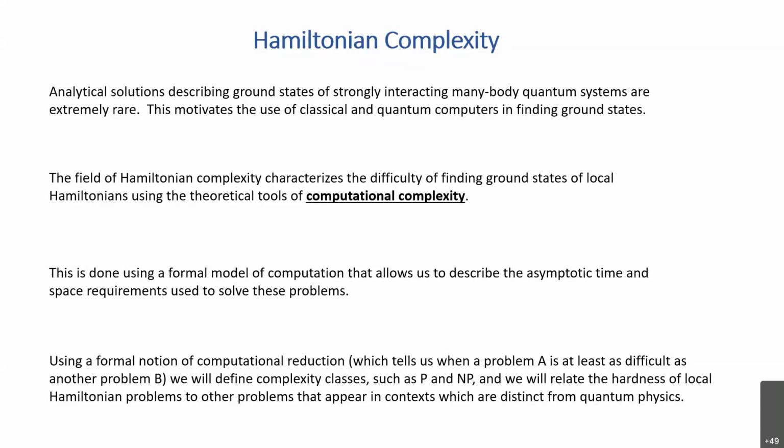To set this up, we are going to describe a formal model of computation that allows us to describe the asymptotic time and space requirements, this big O, big omega type notation, to solve these problems. We'll also discuss the formal idea of a computational reduction. So when is one problem at least as hard as another problem? Say, finding ground states of these Hamiltonians is as hard as doing this other problem.